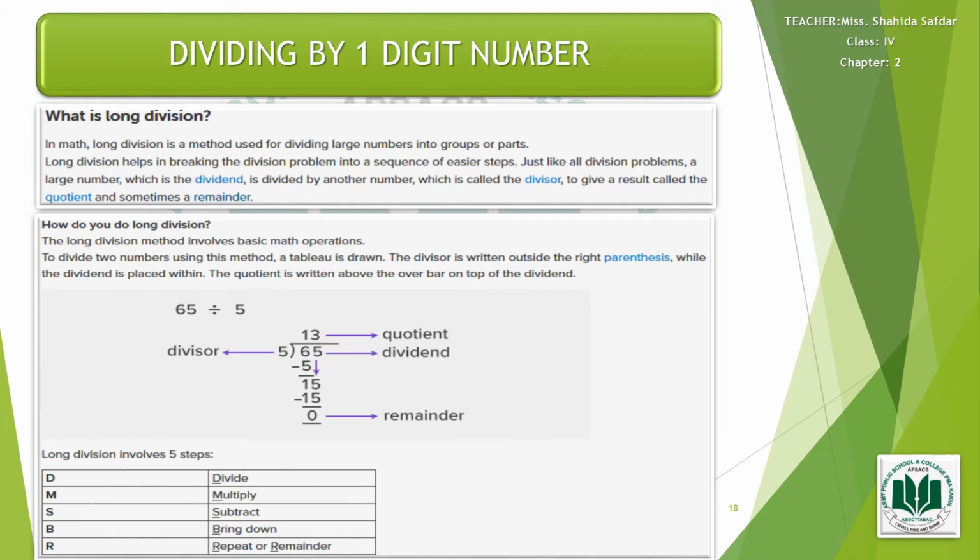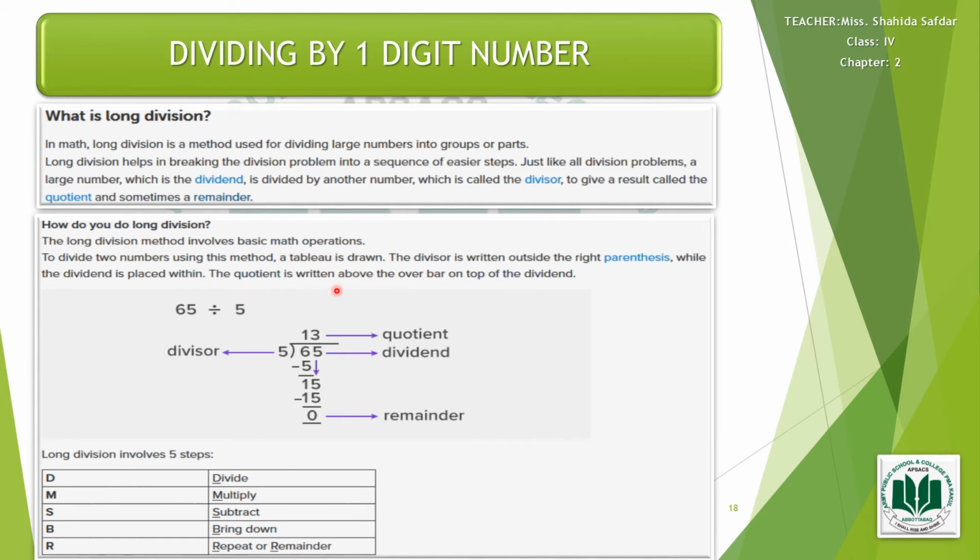Now the question arises, how do you do long division? The answer is, the long division method involves basic maths operations. To divide two numbers using this method, a table is drawn. The divisor is written outside the right parenthesis while the dividend is placed within.